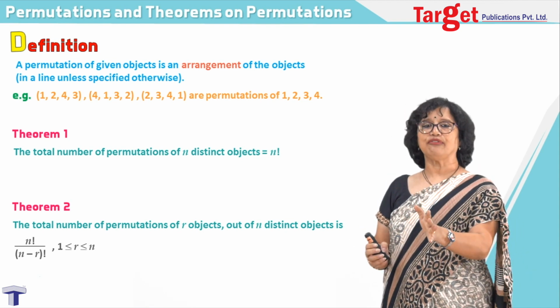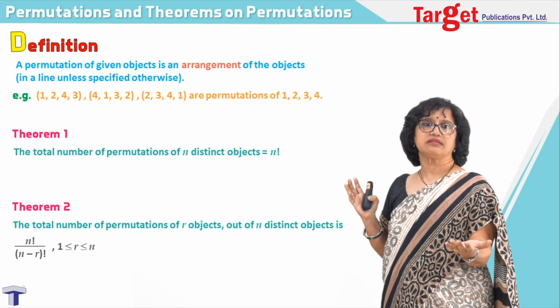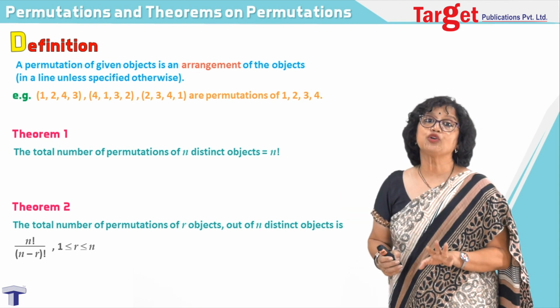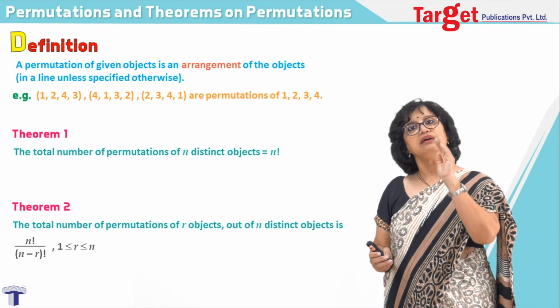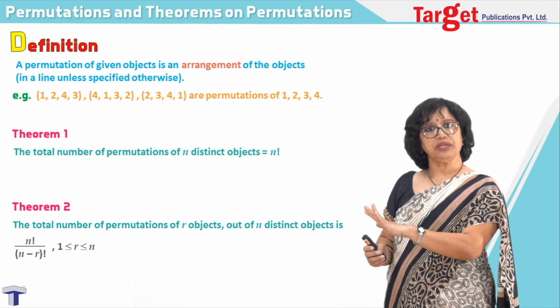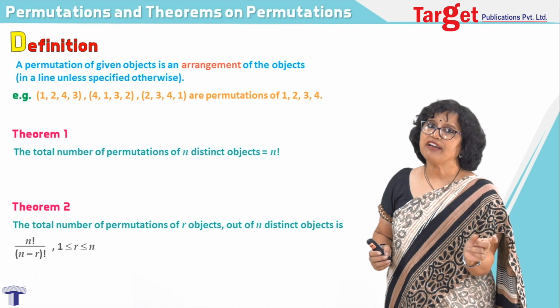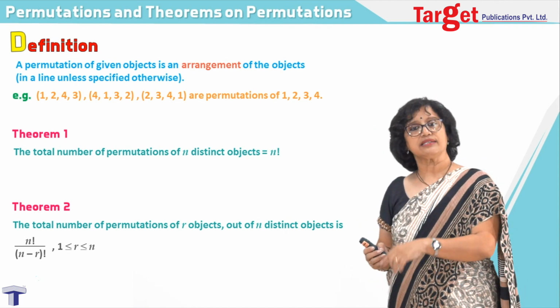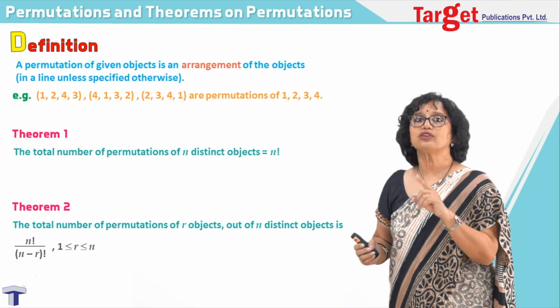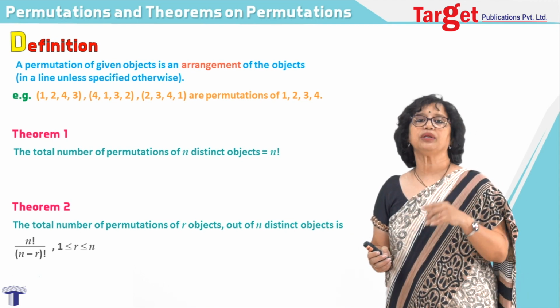Means that if you are given 5 digits, say 1, 2, 3, 4, 5, and I ask you to make a 3-digit number only, then what would be your answer? Your answer would have been 5 into 4 into 3, right? First place can be filled in 5 ways, second in 4 ways, third in 3 ways. So 5 into 4 into 3. Of course, I am assuming here no repetition allowed, right?